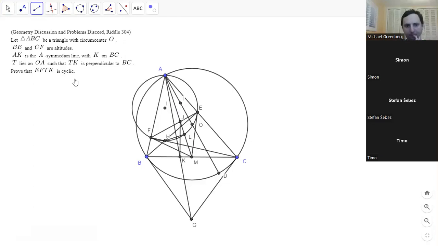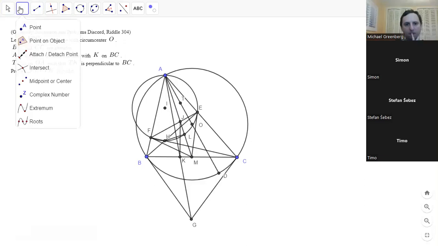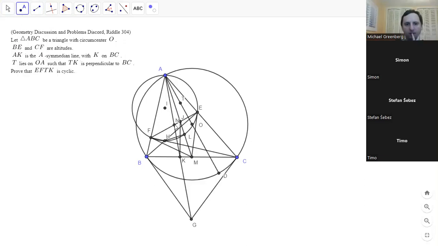And then we want to show that AK bisects segment EF. That would mean that AK is the symmedian. Okay. So we take the midpoint of EF.